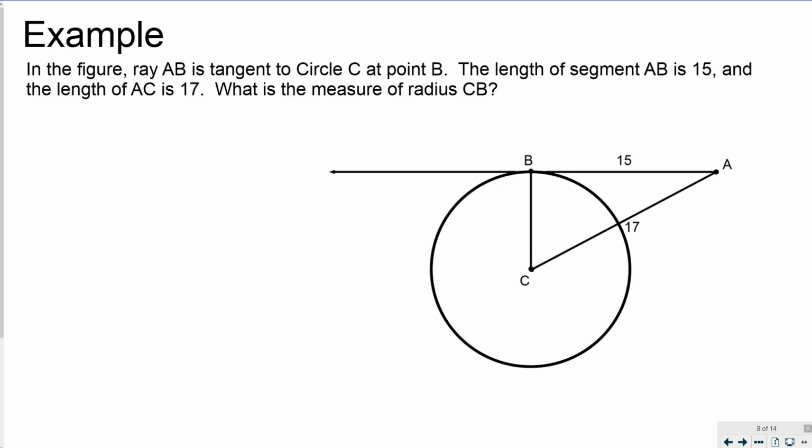So we're just going to jump right into some different examples that we can do from the different types of tangents. Let's read this out loud. In the figure, ray AB, on the top, is tangent to circle C at point B. Okay, so this is the point of tangency here.